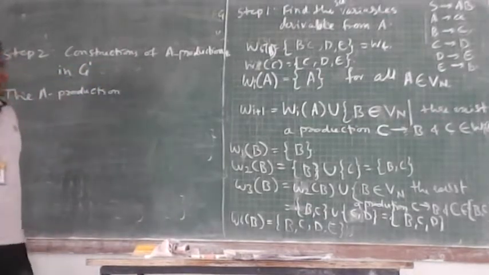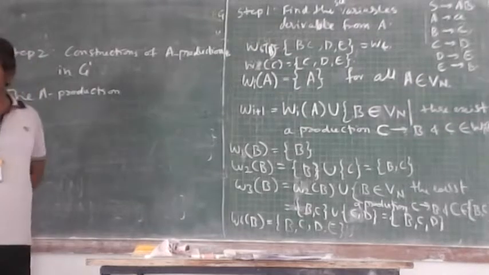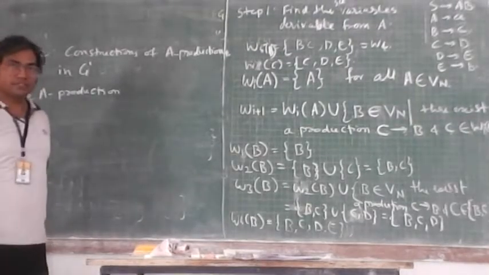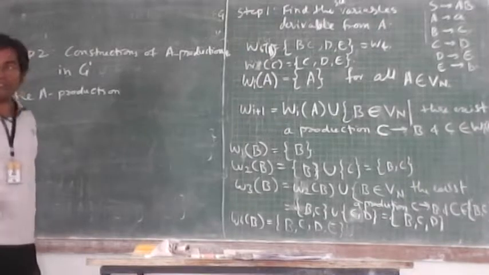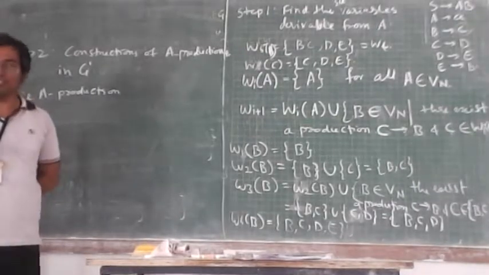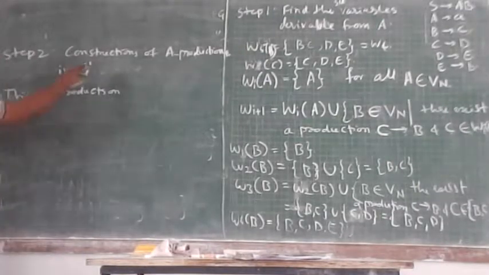What is an A production then? A implies A. A B production is B implies C, not C only. B implies C is a B production. So this is the term.